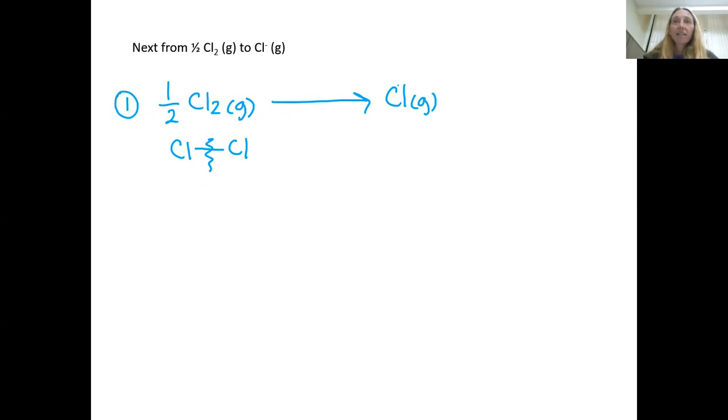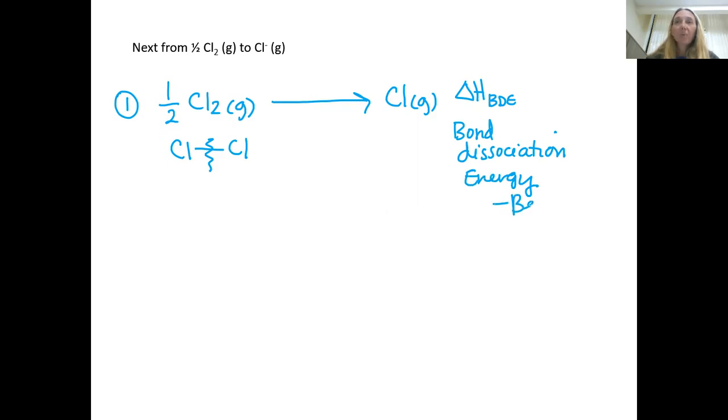When I break that bond, I just get Cl gas by itself. It's going to take some energy, and that energy is a delta H called a bond dissociation energy. Basically, I'm breaking that bond.